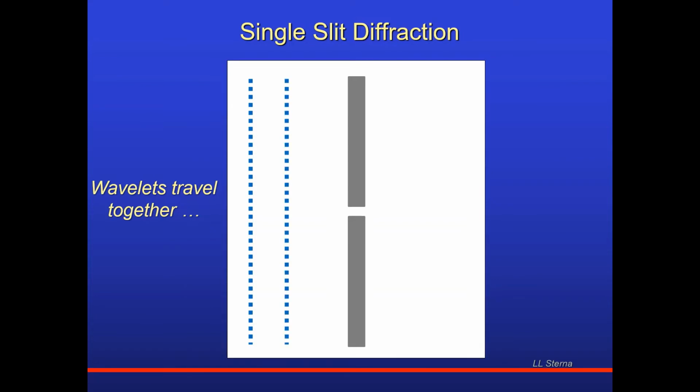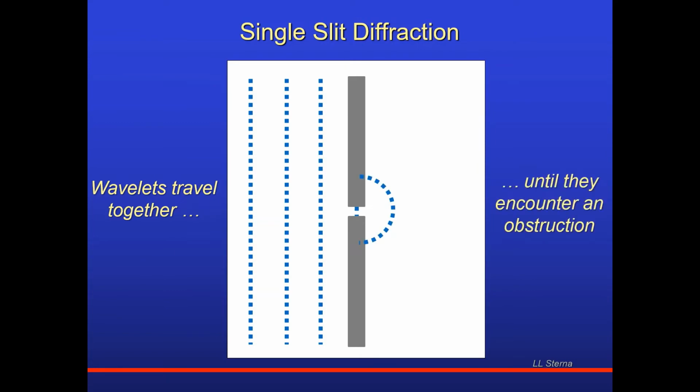So the wave is moving from left to right. When it gets to the boundary, the obstruction, just a little portion of the wave gets into the opening. When it emerges, it acts like a point source of a disturbance. It spreads out in a semicircle on a two-dimensional surface. Now it spreads out like that. Very remarkable. It enters that opening as a plane wave. It emerges looking like a spherical wave.